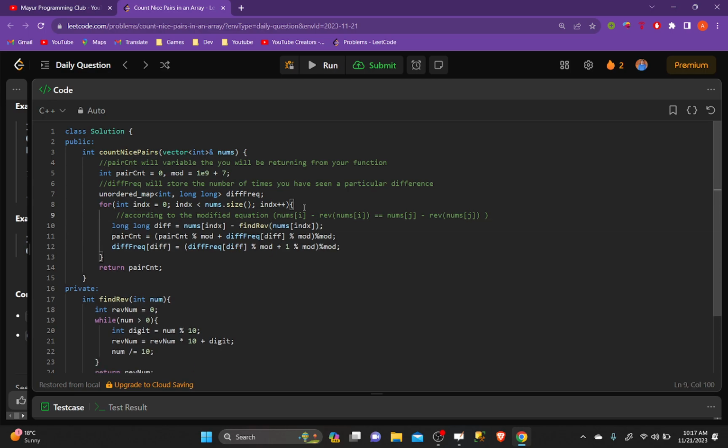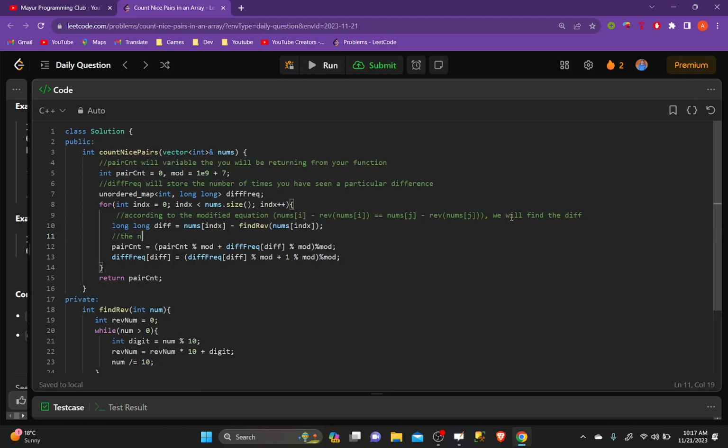Okay, we will find the difference, and the number of times we have already seen the current difference will be the number of pairs that nums of index can be contributing to.